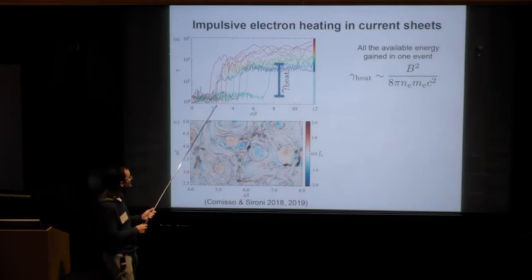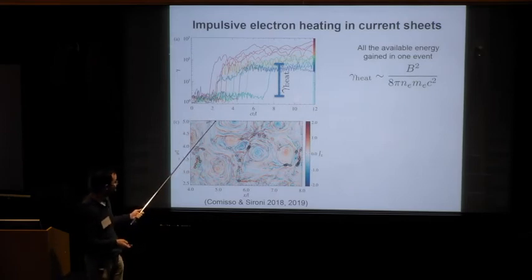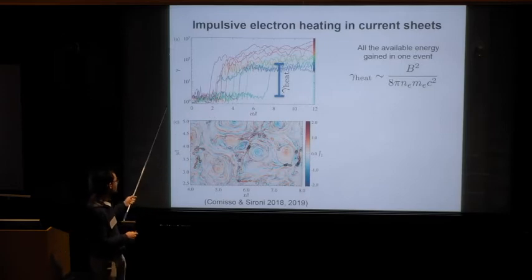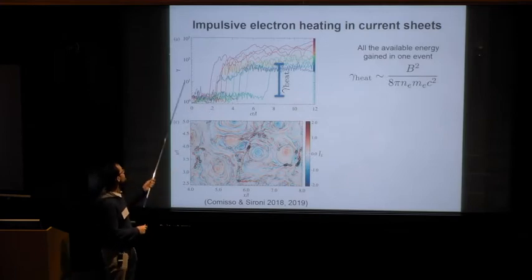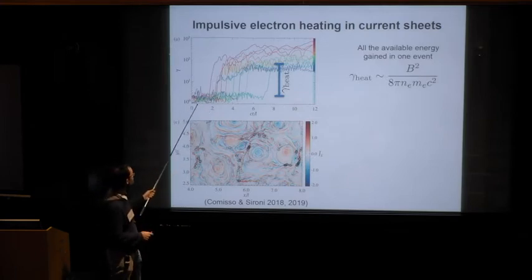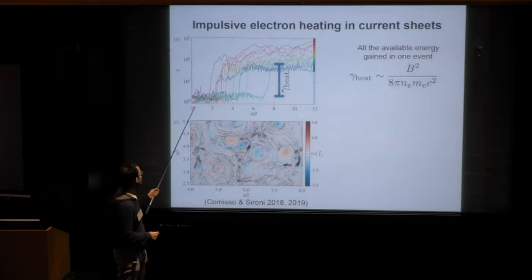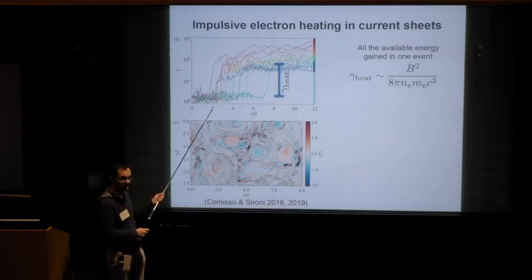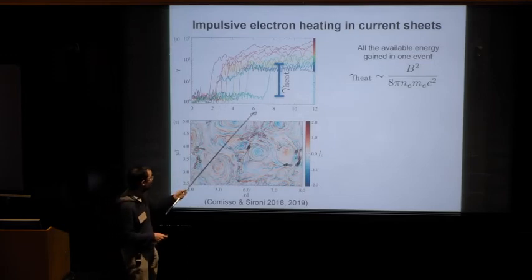As we were seeing in the previous talk, here I show recent simulations by Comisso and Sironi. In this top panel, I show a few examples of the evolution of the Lorentz factor of a particle versus time.